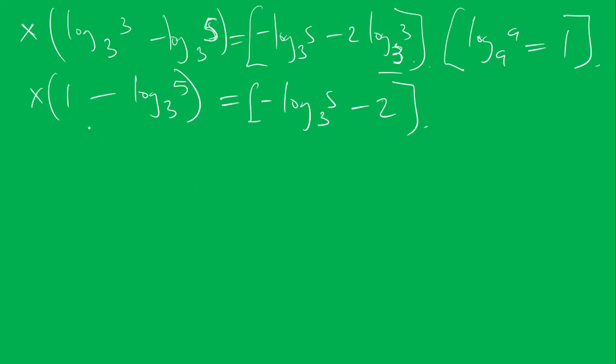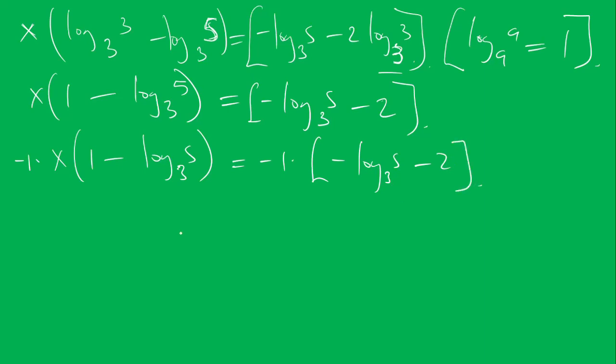Now, having done this, I will now have to multiply both sides by minus 1. If I multiply both sides by minus 1, we now have this. So minus 1 times minus log 5 base 3 minus 2.